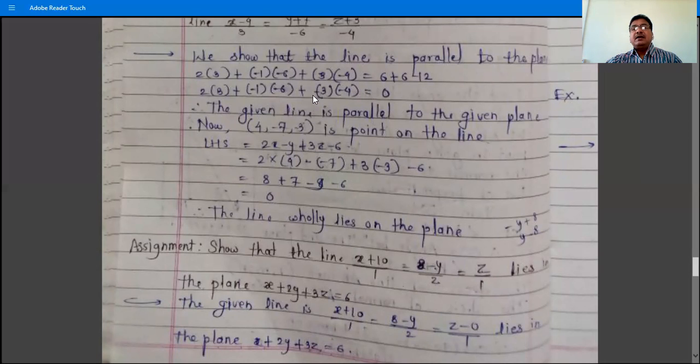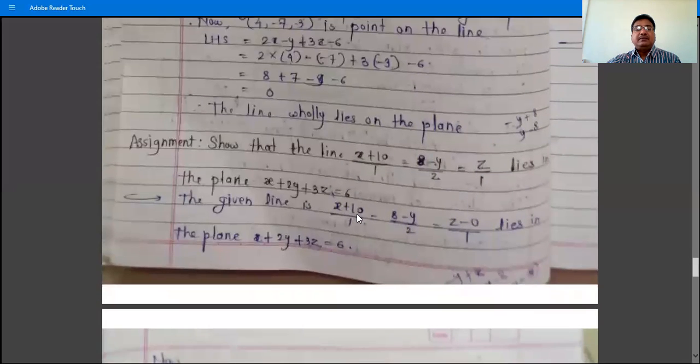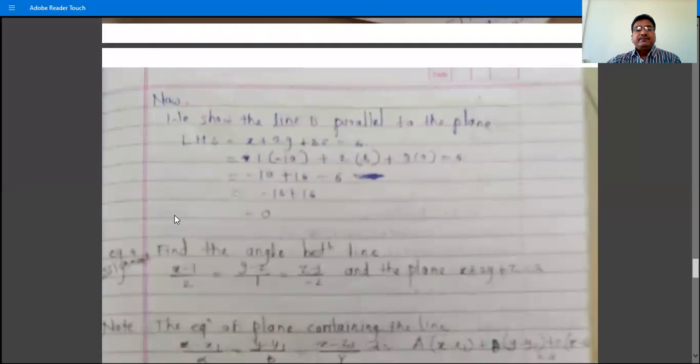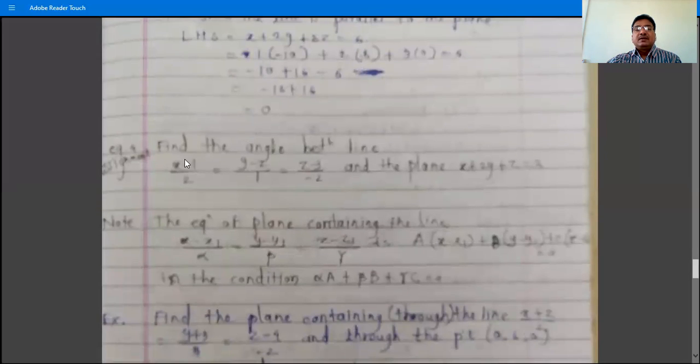As the line is parallel to the plane and this point on the line satisfies the equation of the plane, therefore the line wholly lies in the plane. Same question for assignment: show that the line lies in the plane. Solve by the same method, the answer is also given.